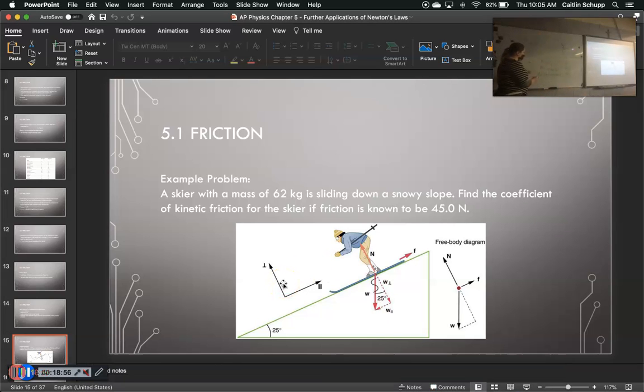Okay. So we were given mass is 62. So we need a normal force.